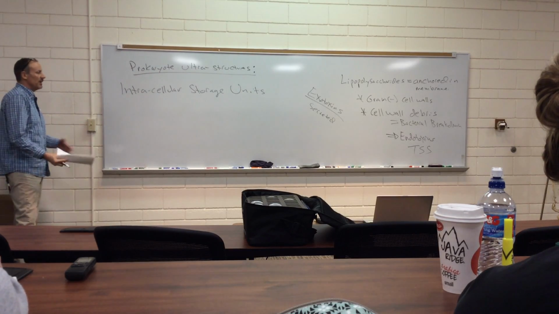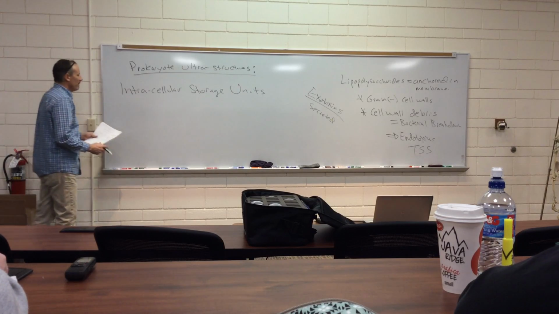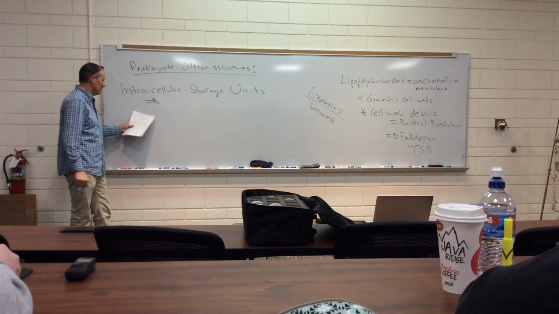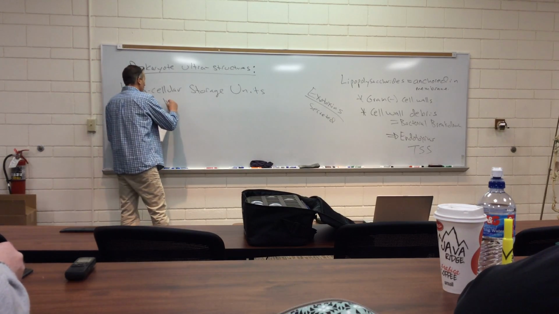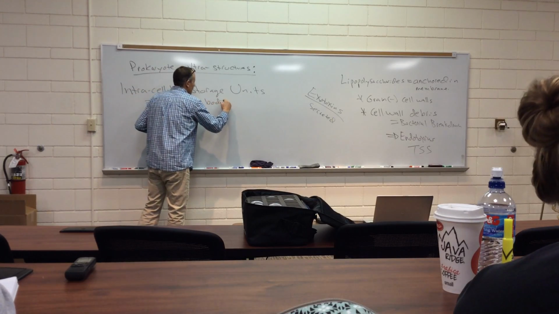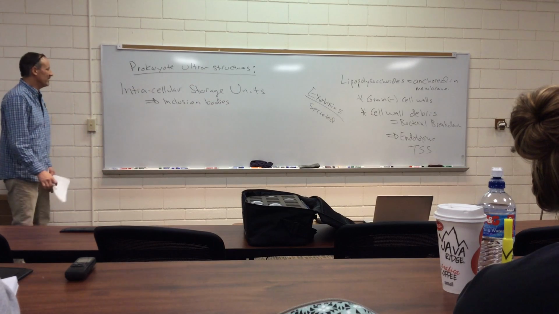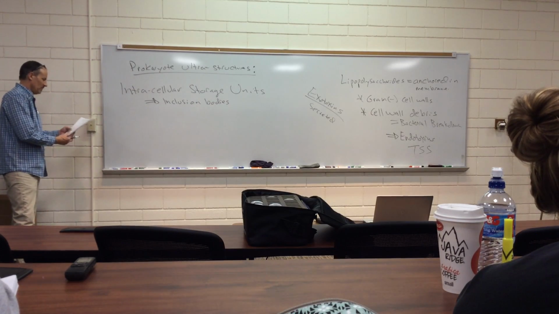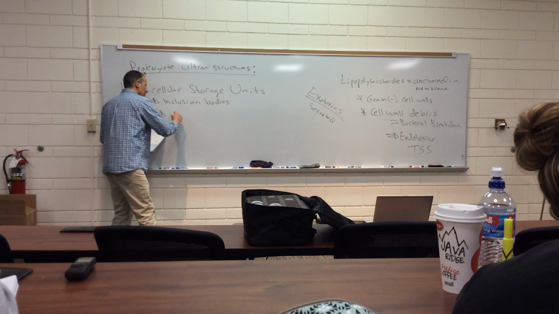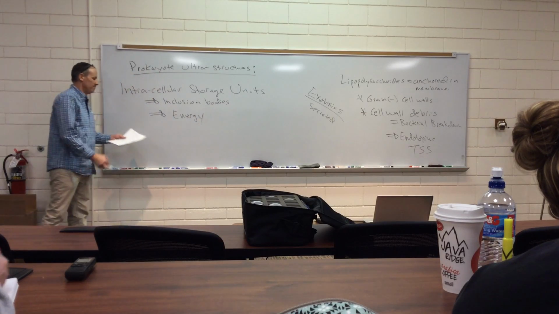And most of the time, 90% of the time, they're utilized for energy. They have a couple of different synonyms. Most of the time, they're called inclusion bodies, or sometimes they're just called storage vacuoles, basically the same thing. And likewise, as I just mentioned, usually for energy, not all the time, but a good part of the time.